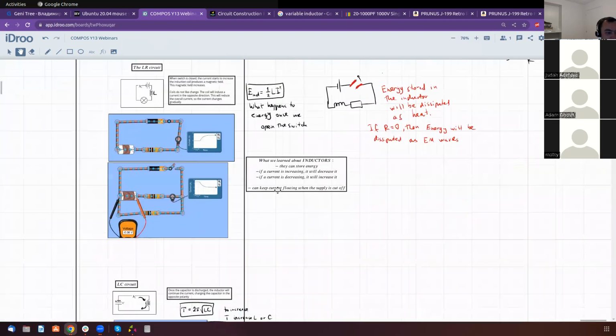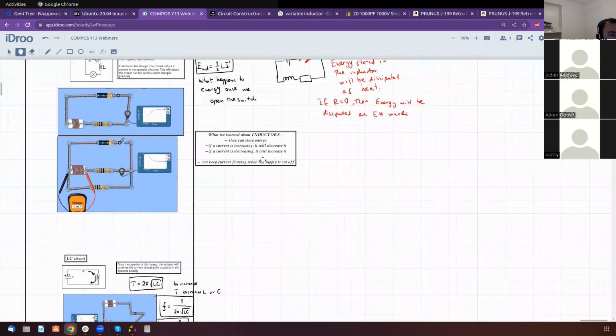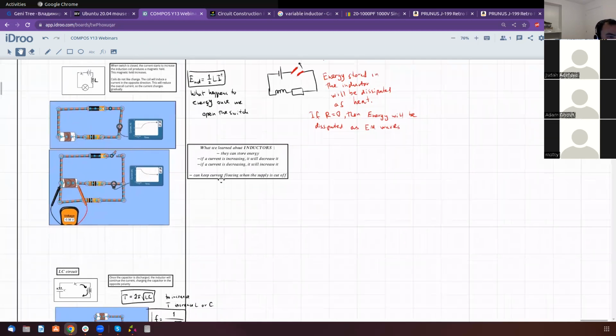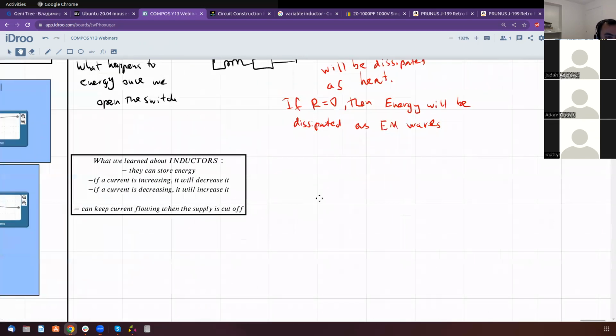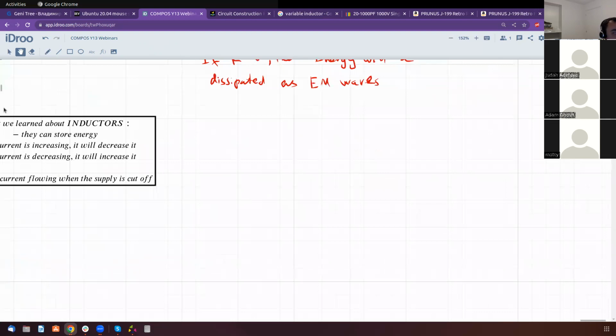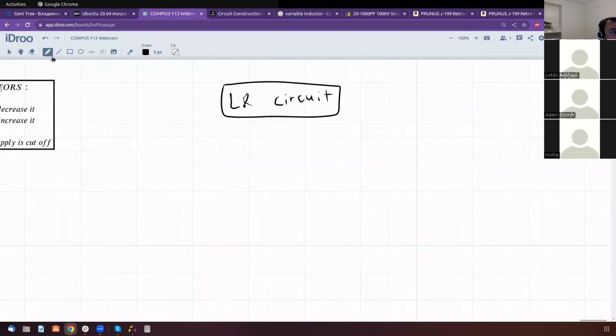Now the next circuit is the LR circuit, and we'll consider the differential equation for the LR circuit. So you have an inductor and a resistor and a switch.